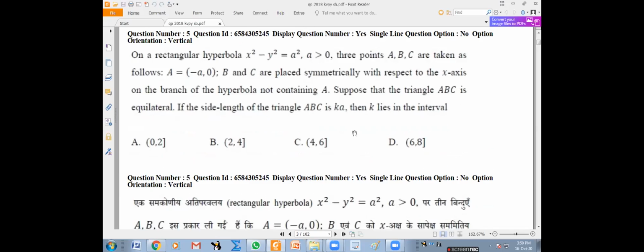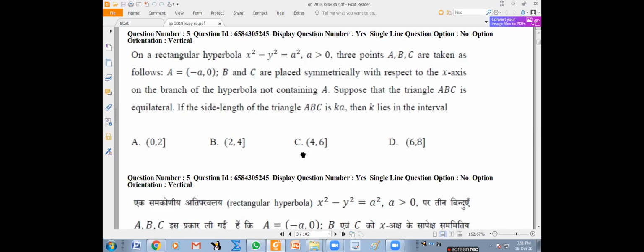Okay, fifth question. Let us read it. Okay, so I think I have a hyperbola like this, and one point is minus a comma 0, and I think I should take 2 points on the other branch of the hyperbola and then get an equilateral triangle here.